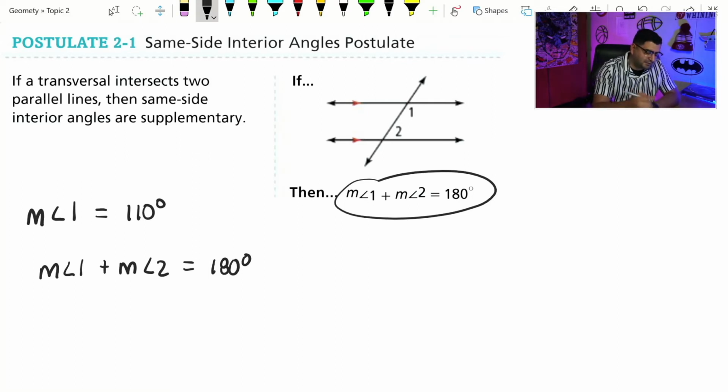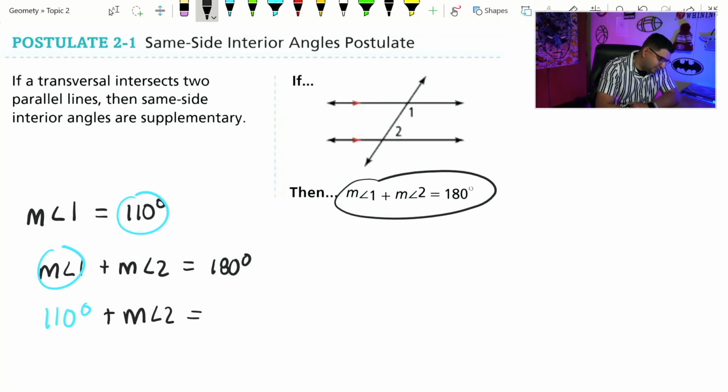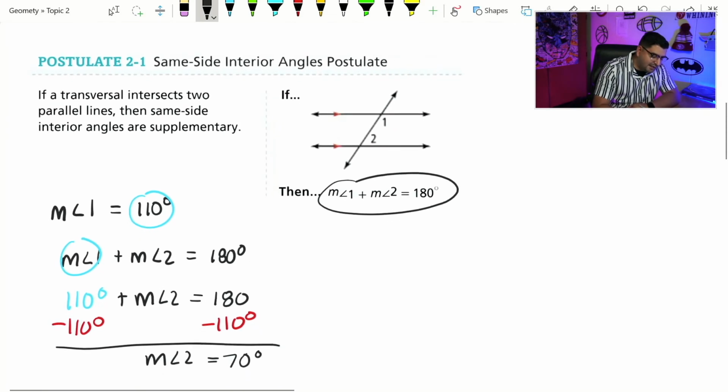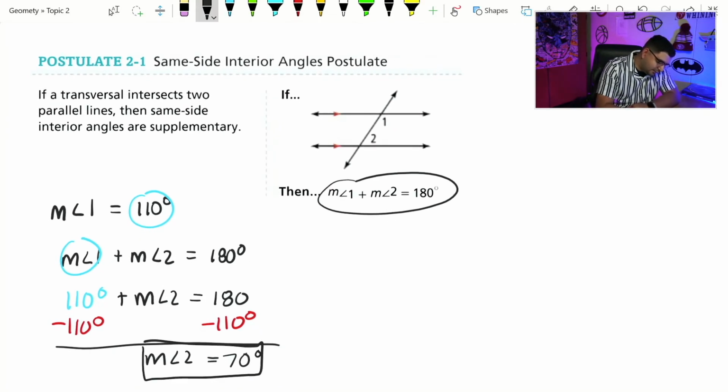Then I can simply substitute the 110 for the measurement of angle 1, since I know it. 110 degrees plus the measurement of angle 2 should equal 180 degrees. I can then simply subtract 110 from both sides, and I'd end up with the measurement of angle 2 equaling 70 degrees. And this is how we use the Same-Side Interior Angles Postulate to our benefit.